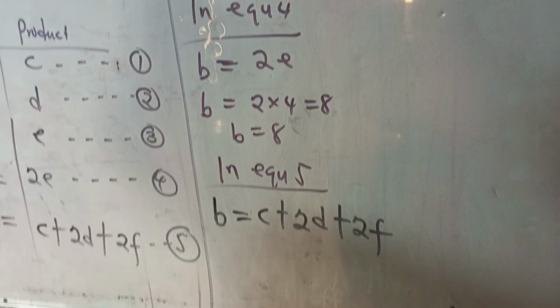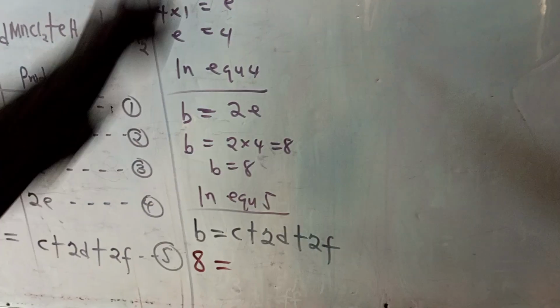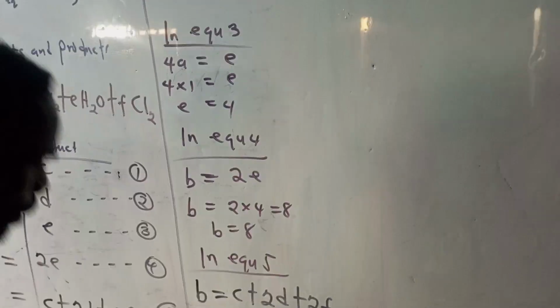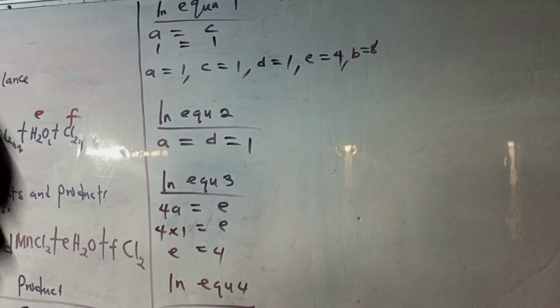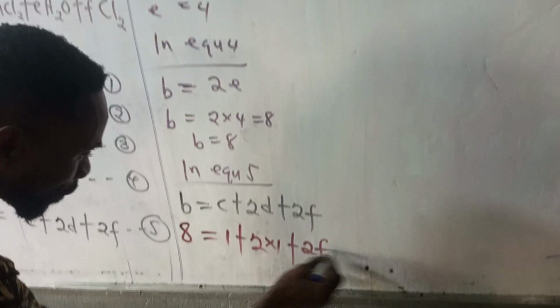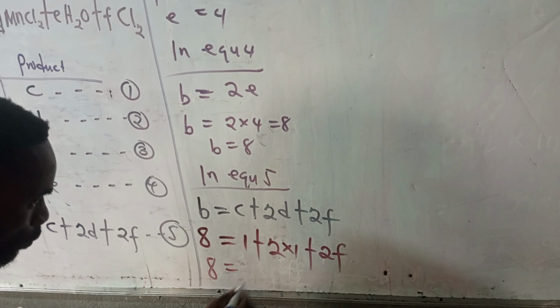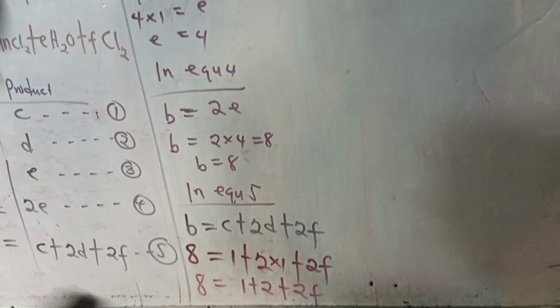We already have the value of B here, which is 8. So I have 8 is equal to C, which is 1, plus 2 times D, which is 1, plus 2F. So we have 8 equal to 1 plus 2 plus 2F.